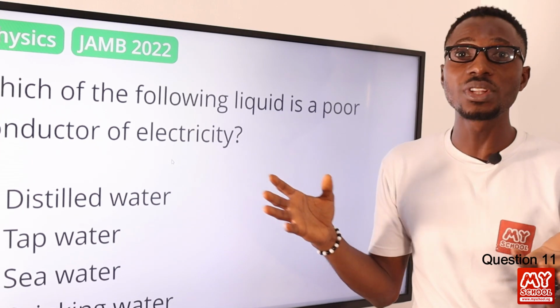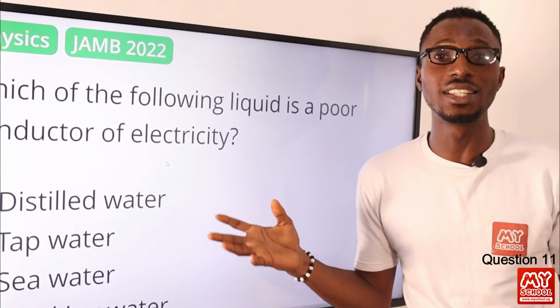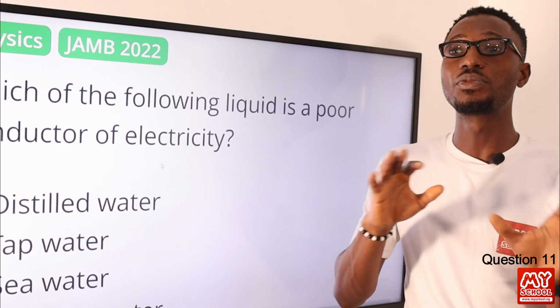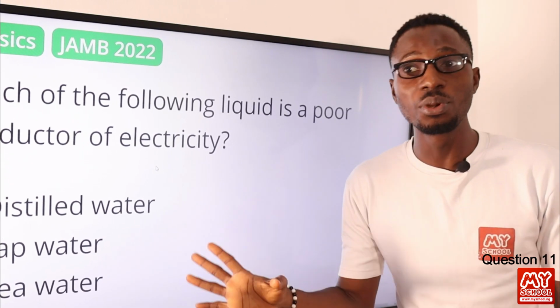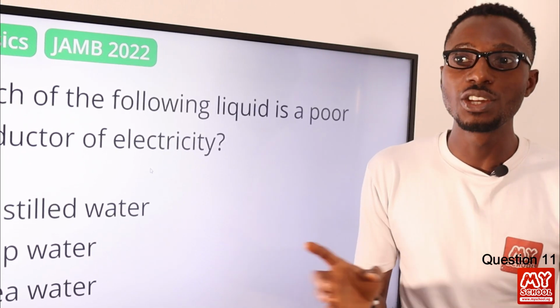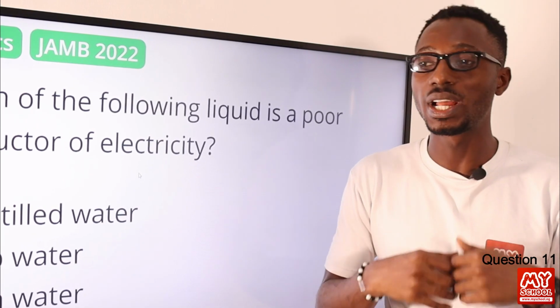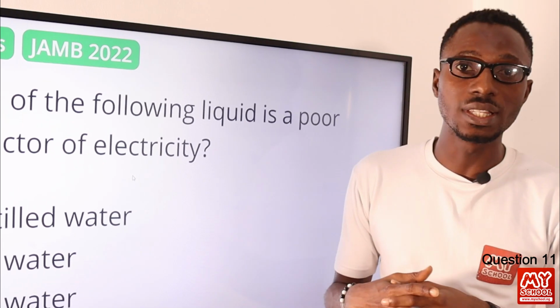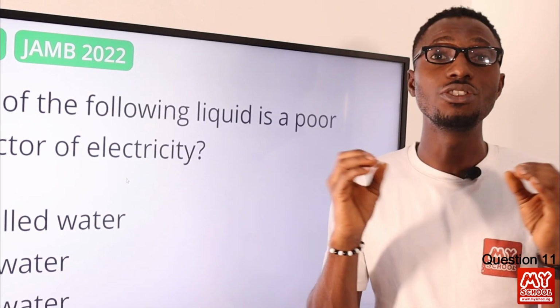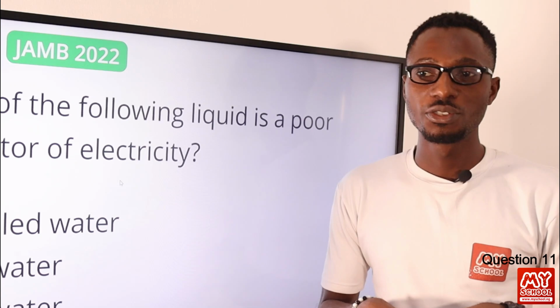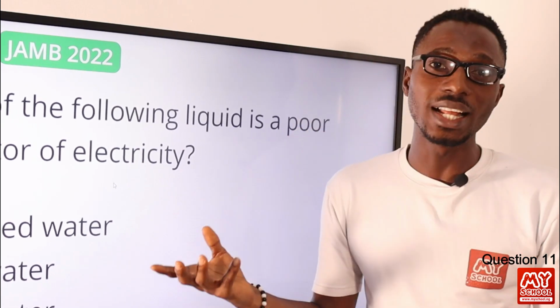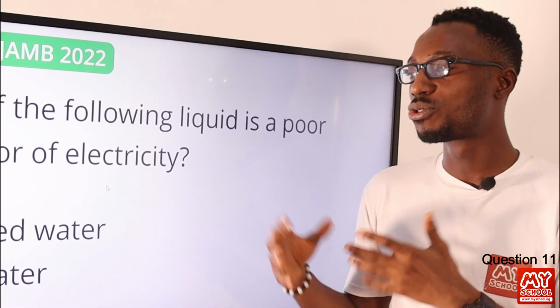So distilled water is the purest form of water, at least to put it that way. So you've removed the solutes, you've removed impurities, you've removed the vehicles that will actually conduct electricity. So there are no ions for conductivity, and hence you are looking at a neutral substance. So there is no way that electricity will be conducted through this liquid.